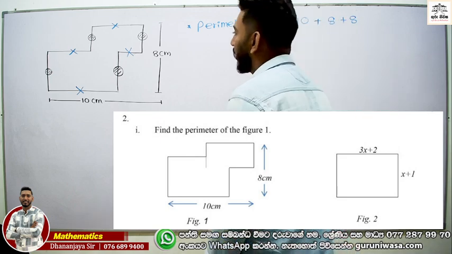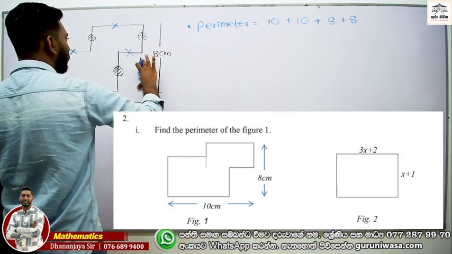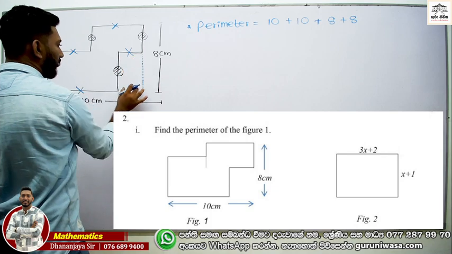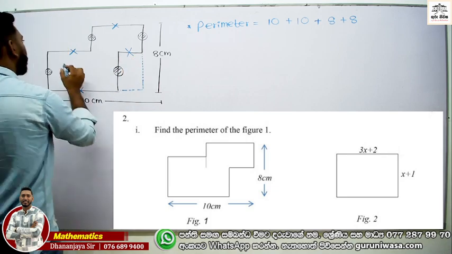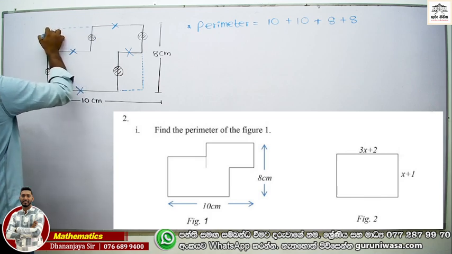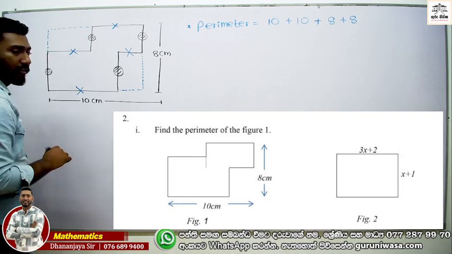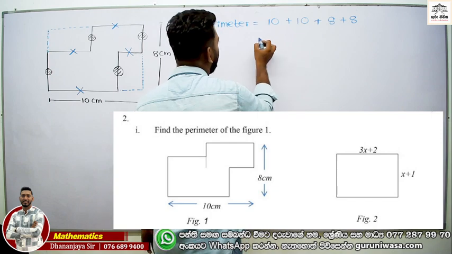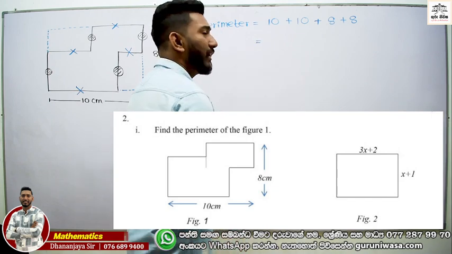Very easy. If we bring this piece here, it forms a part like this. And this one into this one, and this one into this one. So what forms is a 10 by 8 rectangle portion. Now 10 and 10, 8 and 8 are like the length and breadth.